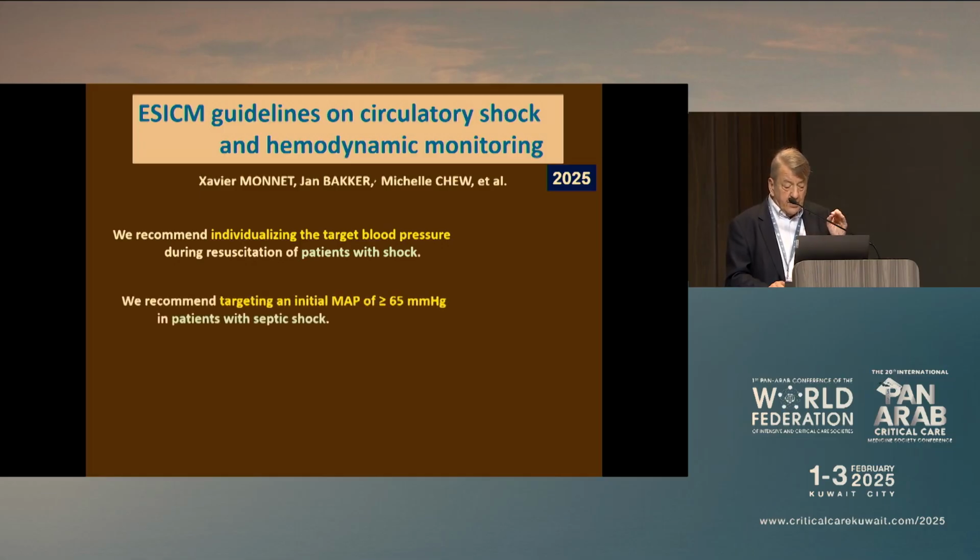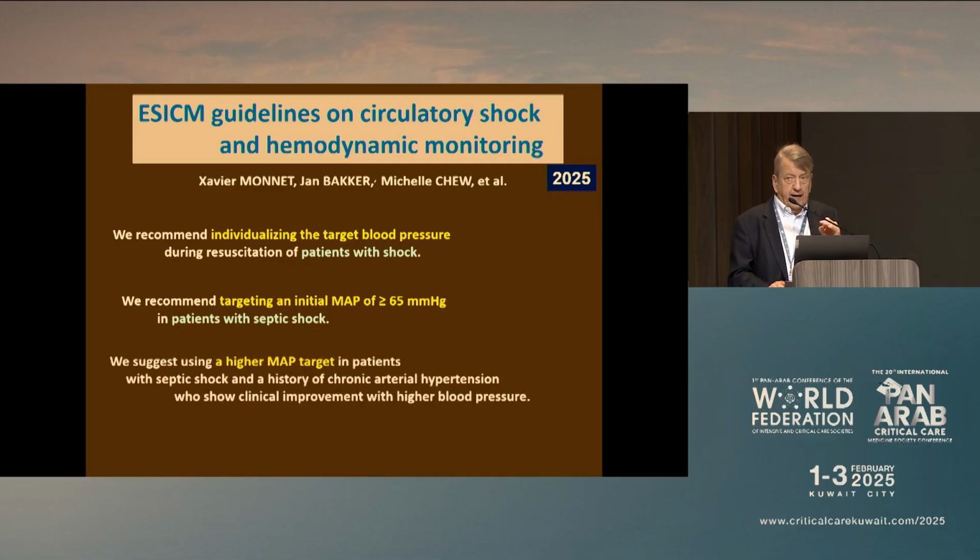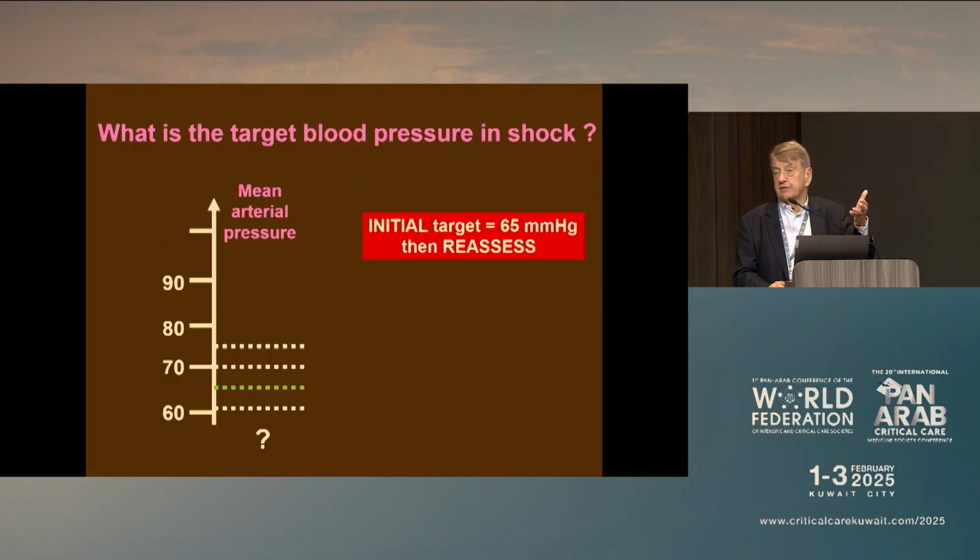And we recommend targeting an initial value of 65 in patients with septic shock. The word initial is there. And we recommend a higher mean arterial pressure in patients with a history of hypertension. But sometimes this history is not very clear. You don't know when you start to treat a patient whether or not there was a history of hypertension.